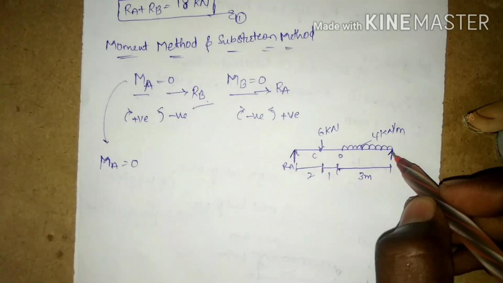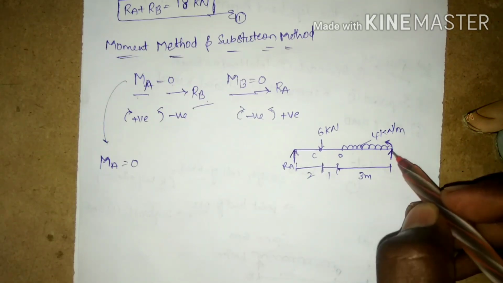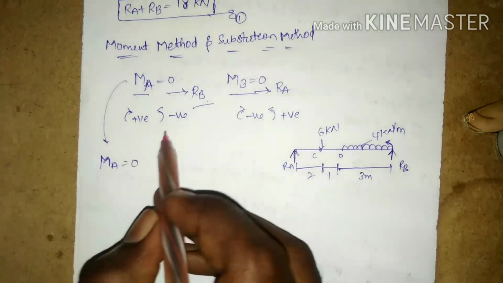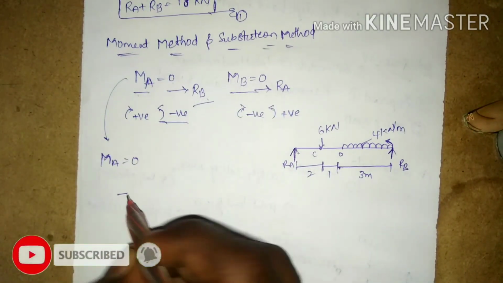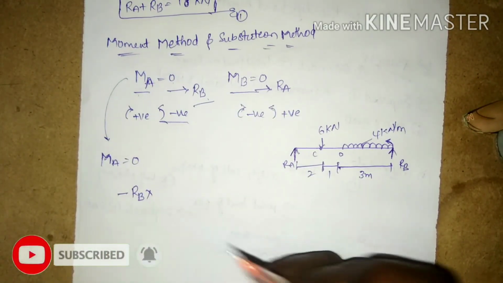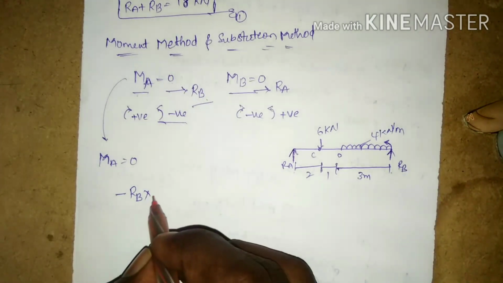RB is taking moments in an anti-clockwise direction, so according to our sign convention, anti-clockwise as negative, it is negative RB into the perpendicular distance from RB to RA, which is 6 meters.